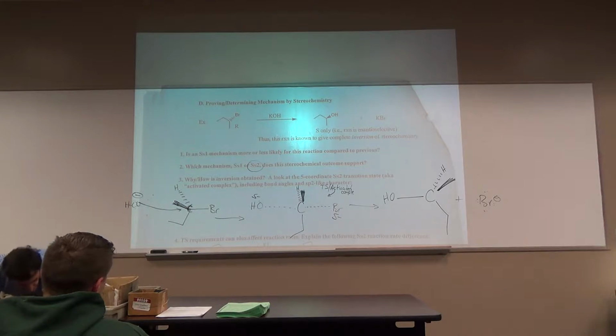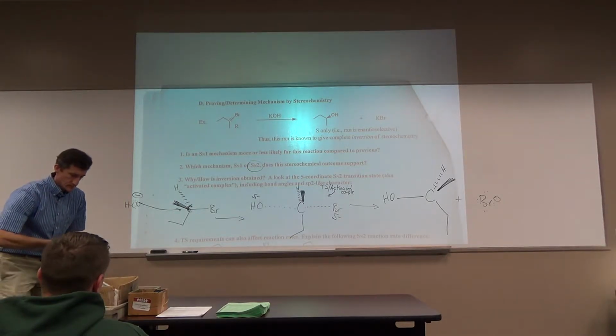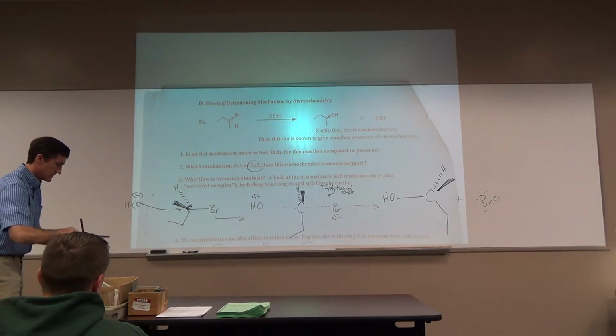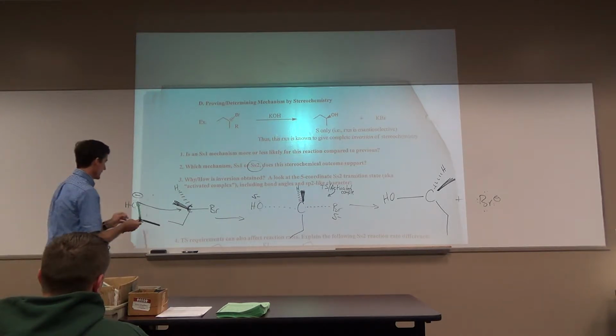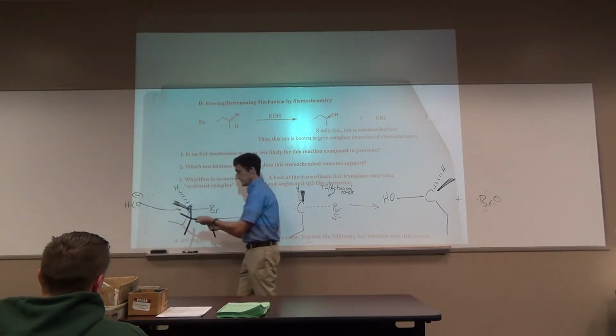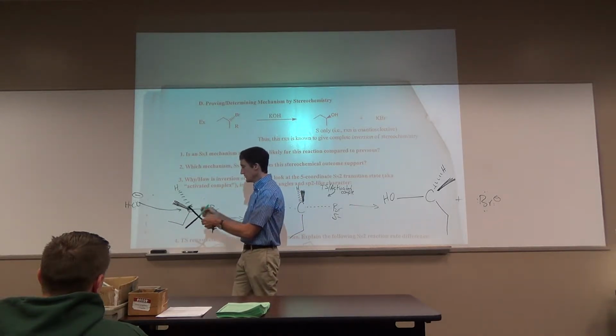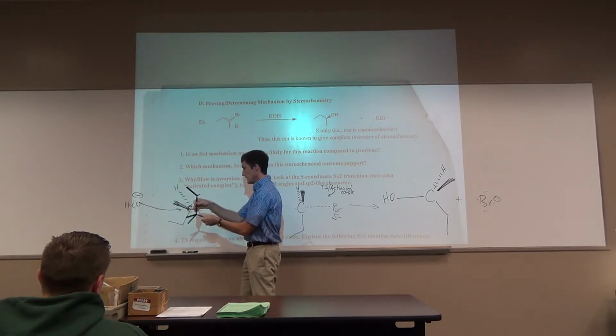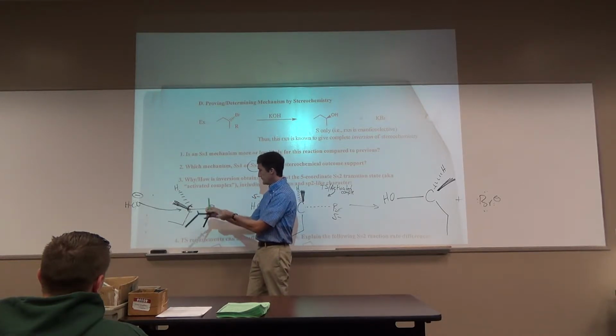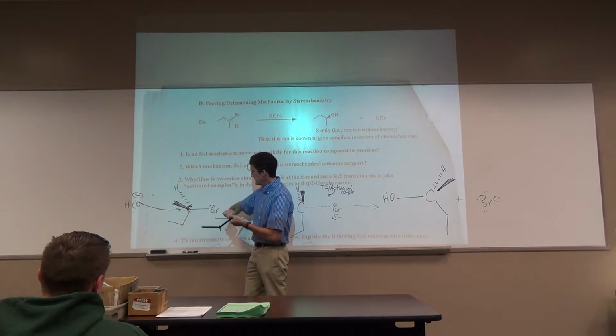We see the tetrahedral. There's an ethyl, a methyl, H green, bromine purple. Let's see. Ethyl in the plane, methyl. If we said H was green, we're going to switch these two.